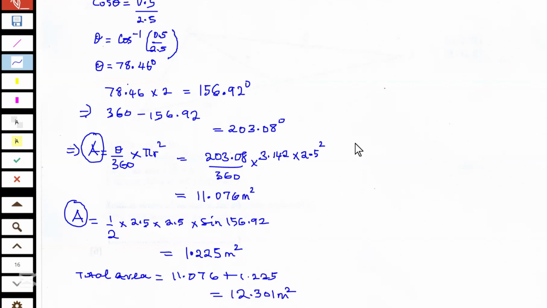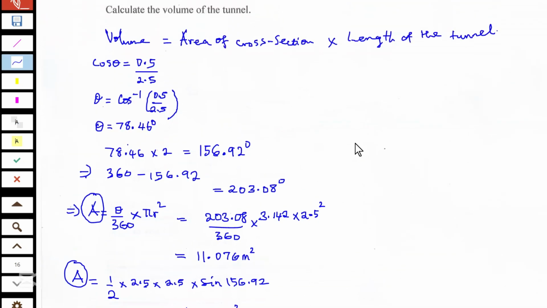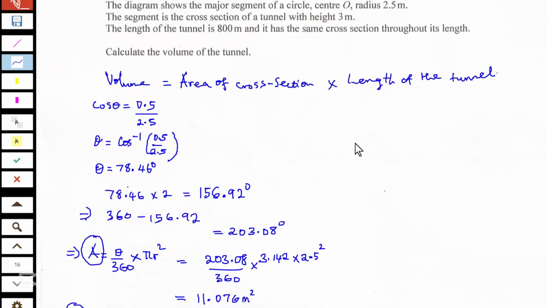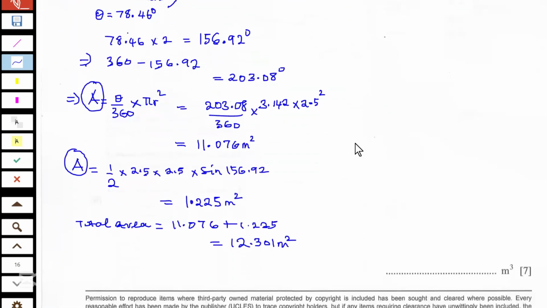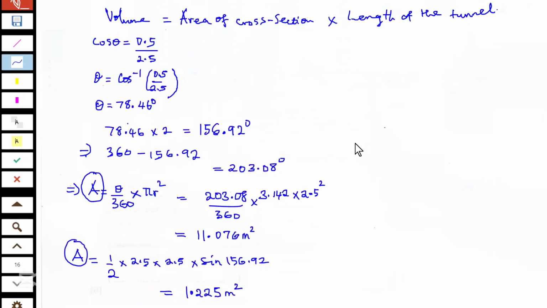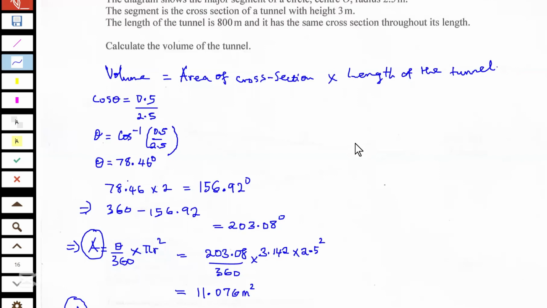Now, we've succeeded in finding the area of the cross section. Now, back to the original formula, the volume is the area of the cross section times the length of the tunnel. The area of the cross section is 12.301 meters square.